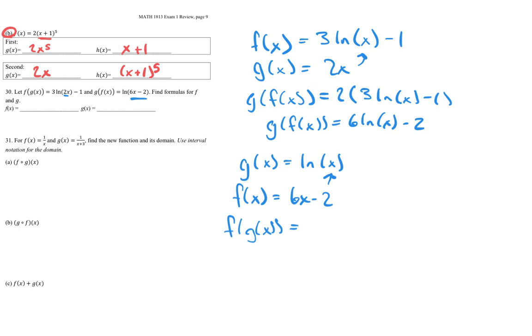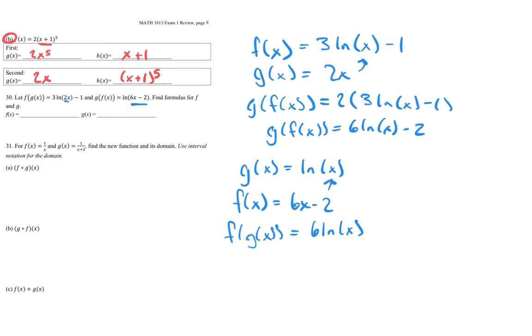So we're going to get 6 times the natural log of x minus 2. So that's also not quite what we were looking for. But we notice this is pretty similar to this here. The only thing it's missing is that there's a 2 on the inside here, and these are half.